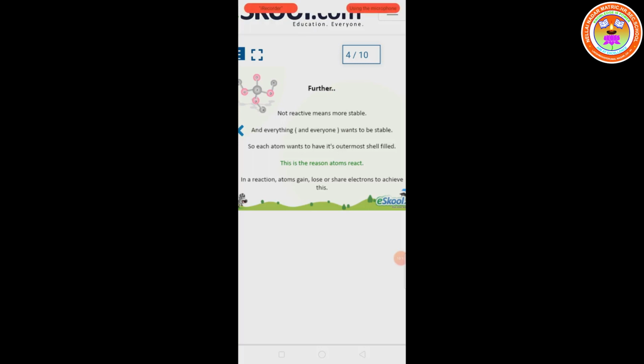Not reactive means more stable. Already I explained, inert gases are more stable. That's why they do not react with any other elements.